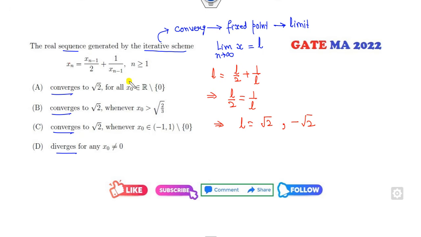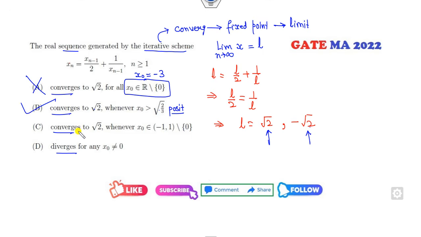Now look at that. The initial value is not given to you. Convergence to root 2 for all values of x naught: that's wrong, because if I choose x naught as minus 3, then it will converge to minus root 2, but he said positive root 2. Whenever x naught is positive, it will converge to plus root 2.